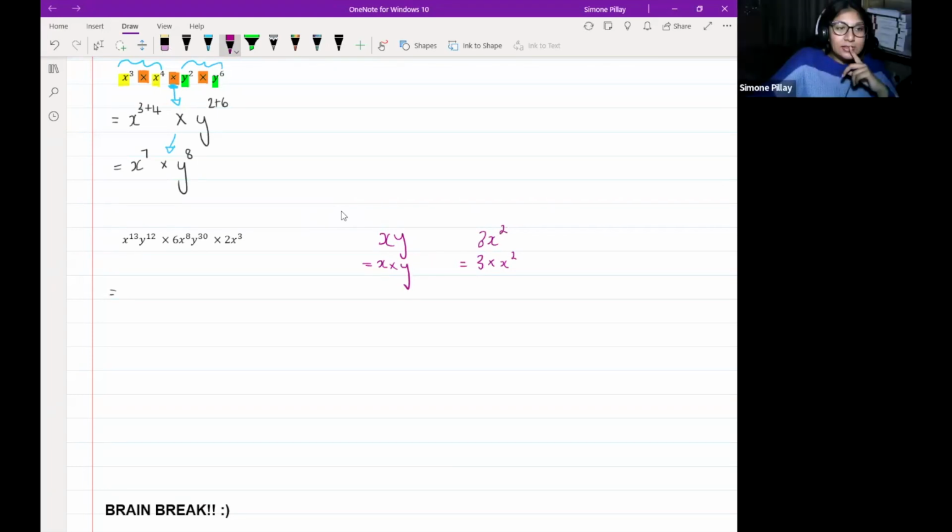So let's write this out as x to the power of 13 times y to the power of 12, times 6x to the power of 8 times y to the power of 30, and times 2x to the power of 3. So we've expanded it now. All that we did is we broke up the terms into individual little multiplication sums.